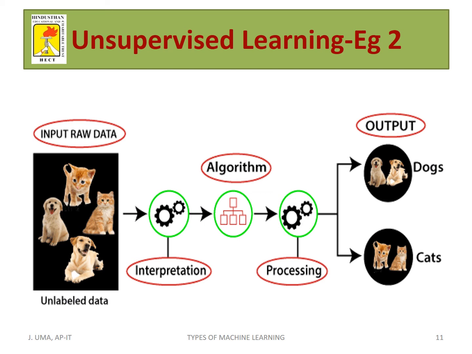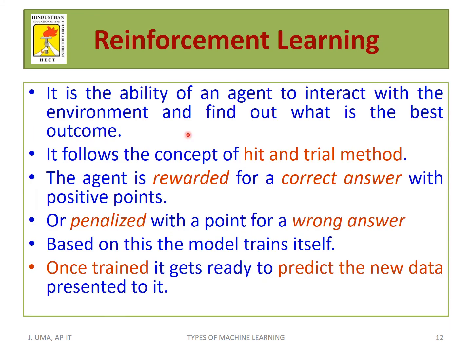Moving on to the next type, reinforcement learning, one of the interesting ones. The third type is reinforcement learning. It is the ability of an agent to interact with the environment and find out the best outcome. Here we have three entities: the agent, the environment, and the outcome. It follows the concept of the hit and trial method.